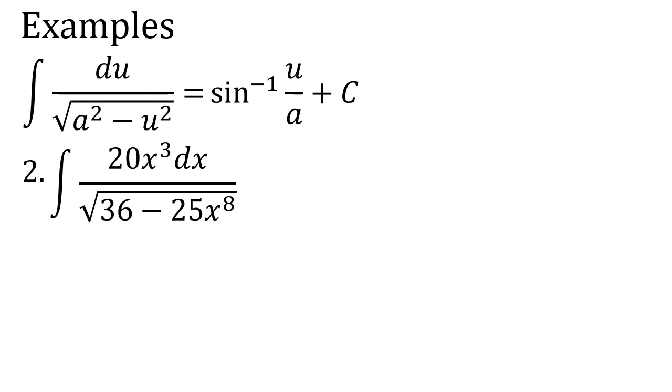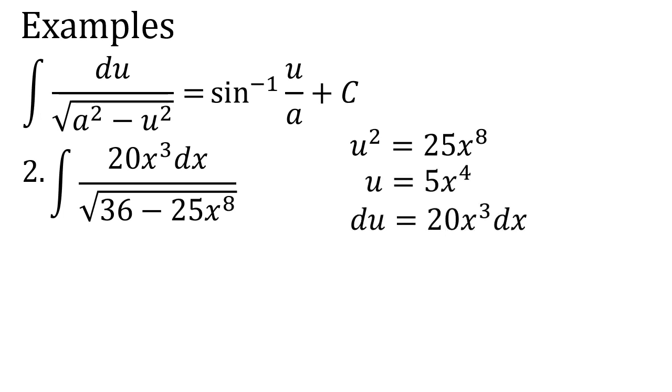Number 2, the integral of 20x cubed dx over square root of 36 minus 25x raised to 8. So again, our given is in the pattern of the integral of du over square root of a squared minus u squared, and its integral will be arc sine u over a plus c. U squared is equal to 25x to the 8, so u is equal to 5x to the 4, and du is 20x cubed dx.